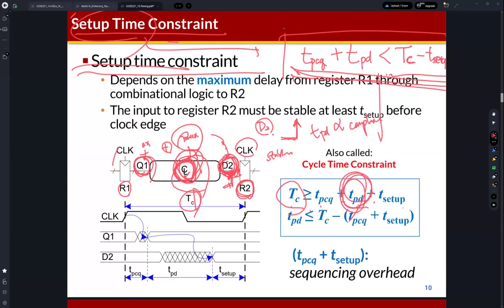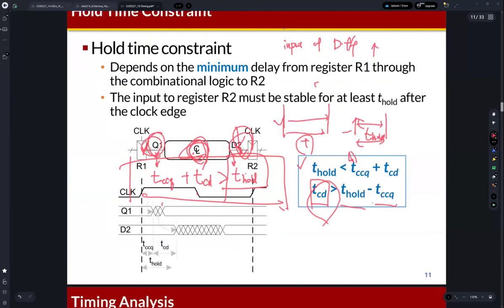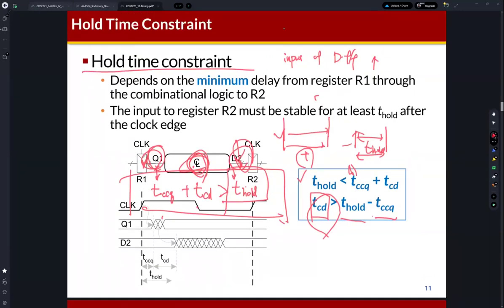But in order to analyze the hold time constraint in the circuit, we need to calculate the minimum delay for this point. If you see the hold time constraint, you cannot find any clock period. The hold time constraint just explains the minimum delay of this combinational logic.